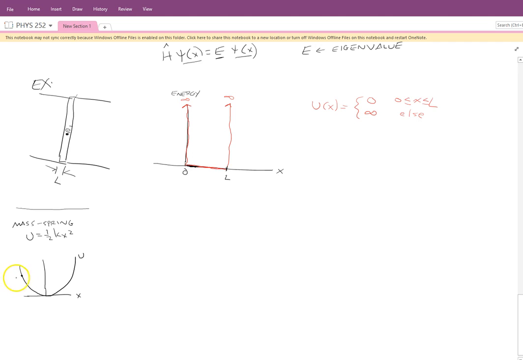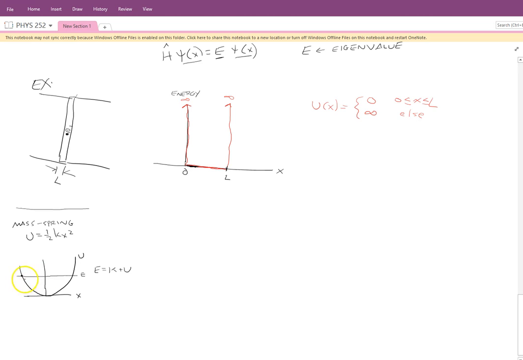So one way you can analyze this is you say, okay, right at the point of release, it has no kinetic energy, all potential energy. That sum of kinetic big K plus potential U is conserved. So you could draw a straight line like this and say this is my total energy.